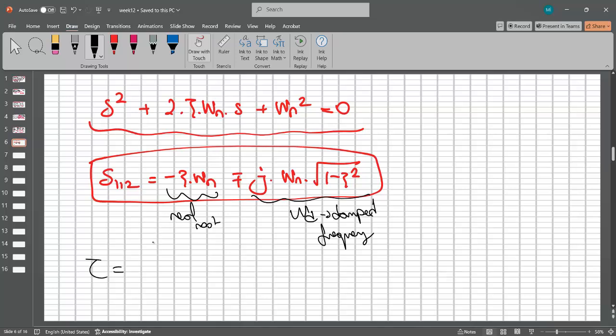Just remember that. What's the real root in here? İlayda? Yes, zeta times Wn. And so, this is a frequency constant. How can we convert this frequency constant into the time one? Yes, 1 divided by zeta Wn.